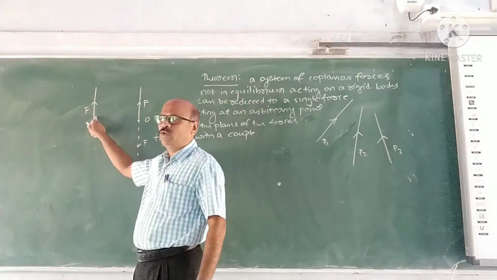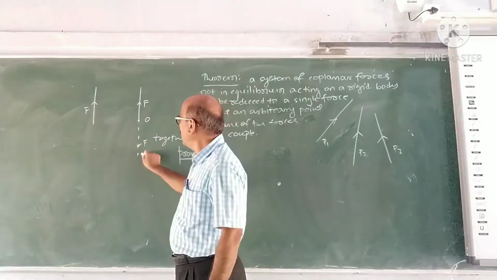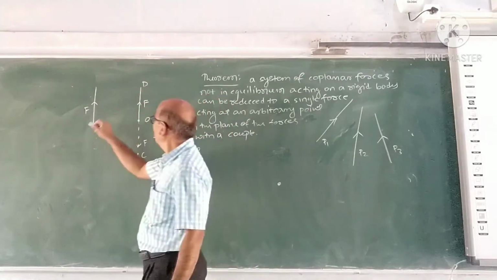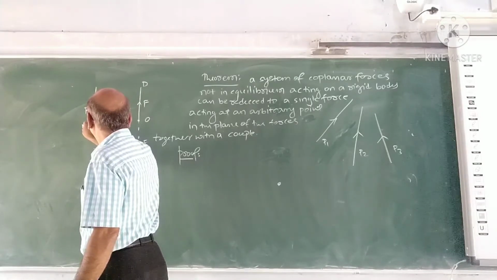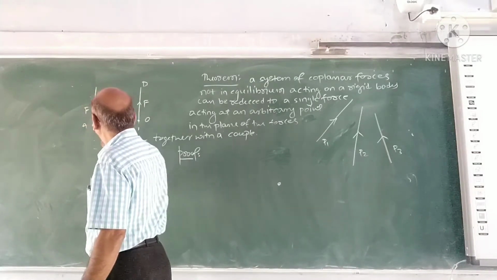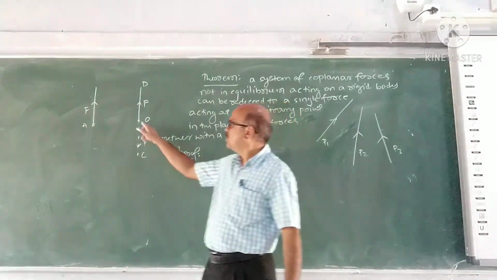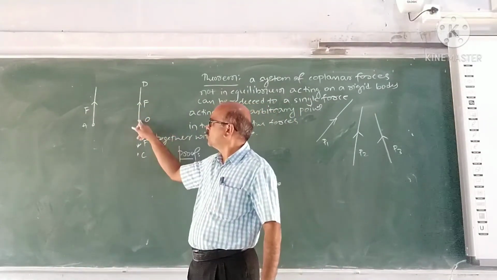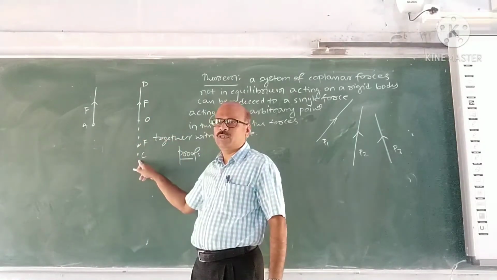Suppose F is the given force. Consider arbitrary point O. Let us take this point as A. Through O, draw COD parallel to F, and through O, introduce two forces, one F along OD, F along OC.